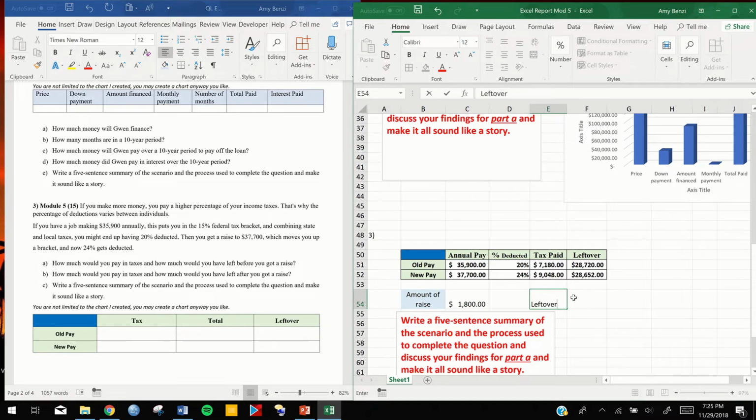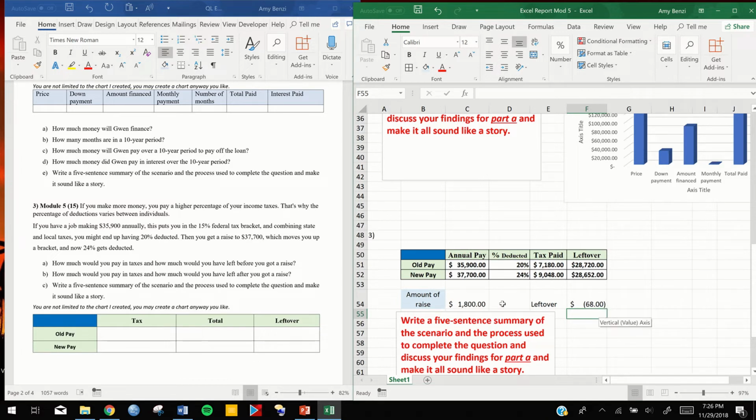What's left over? I should actually make a better chart for this. Left over, we have, I guess we need to write down how we calculate this. Excel puts things in parentheses when they're negative.